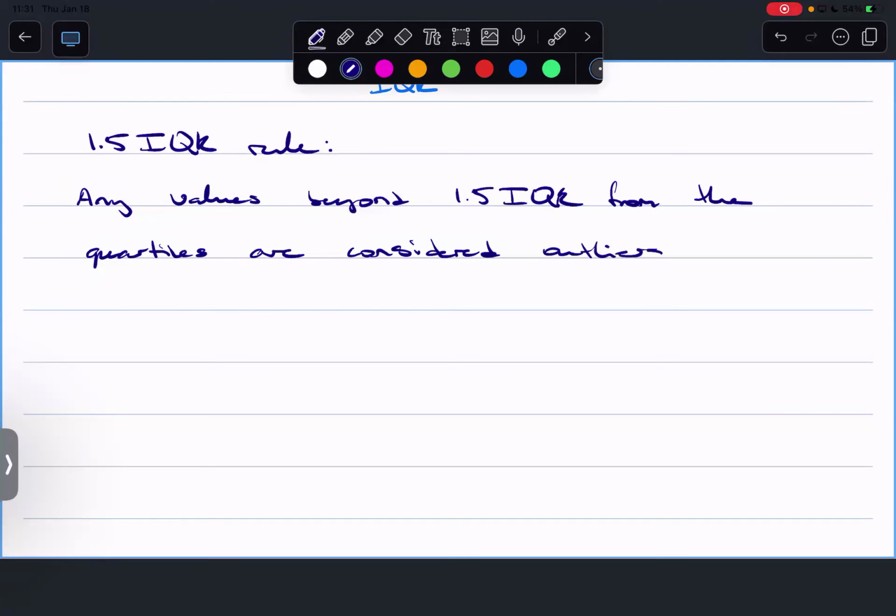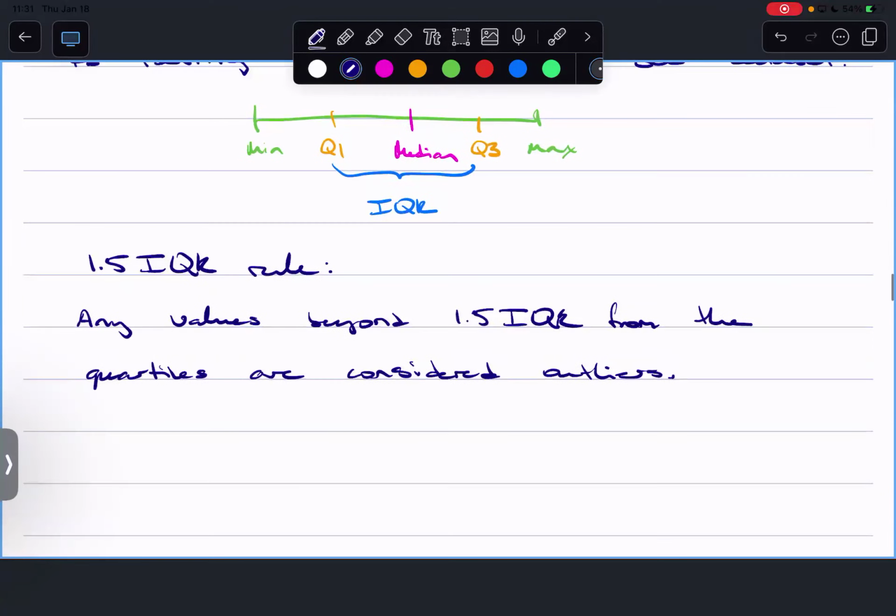Now it's nice to have a hard and fast rule of how you determine if you have outliers. We can look at a data set and say, I suspect that these are outliers, and this rule says that because we have values beyond these points, those are considered outliers. So it's just nice to have a rule that we can use.